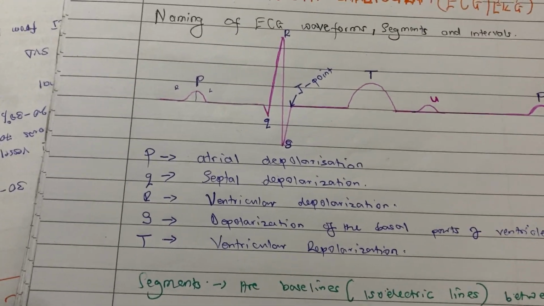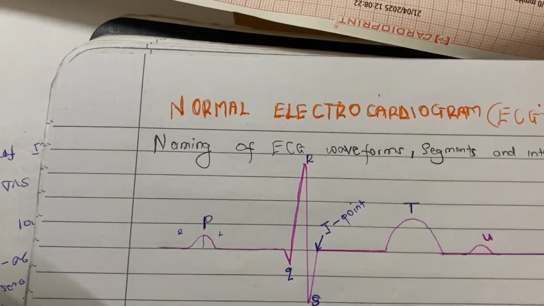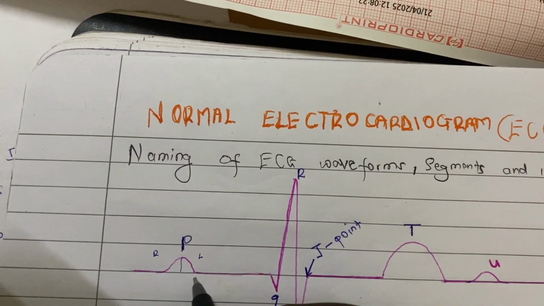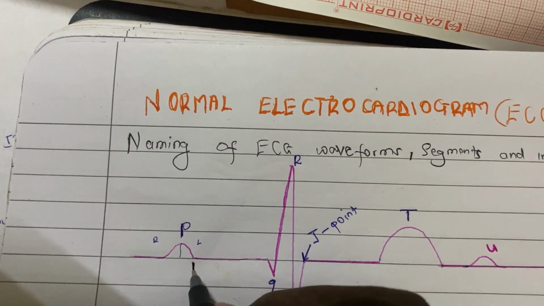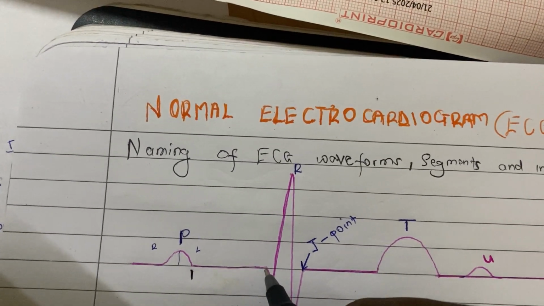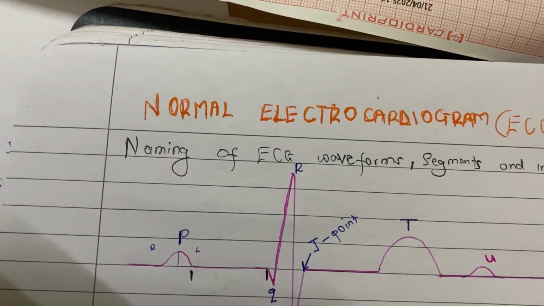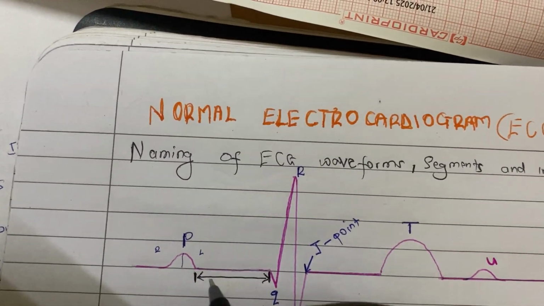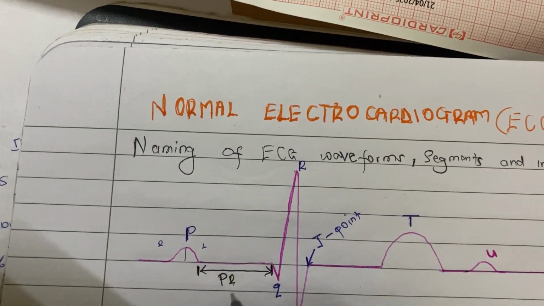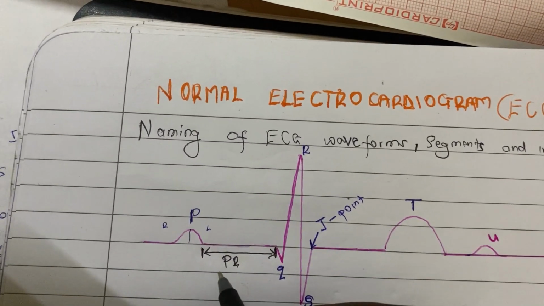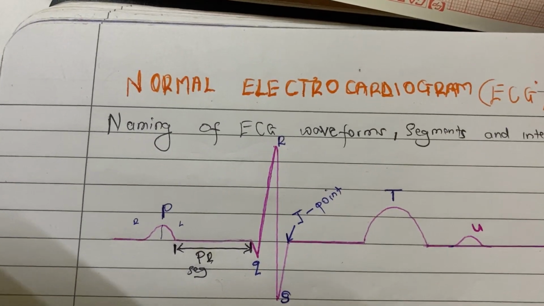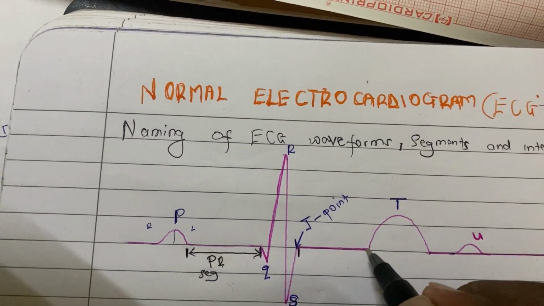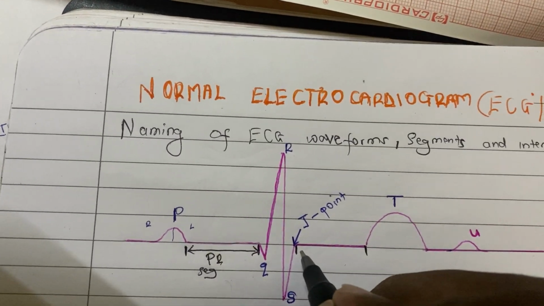So which segments do we have? We have a segment from the end of P to the start of Q. This segment is the PR segment. We have another segment from the J point to the start of the T wave.